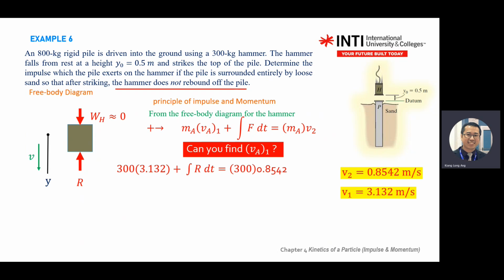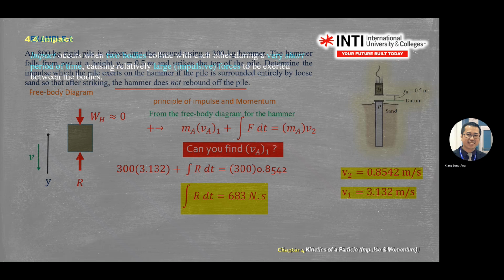It's 0 when you look at the bigger picture, before and after. When you look at the process, then it's not 0. Before it hits, it has a velocity. So that's why VA1 has a value there and is not 0. Okay. You do integrate, you find your impulse. Right? This is the impulse the question wants you to find. Okay.